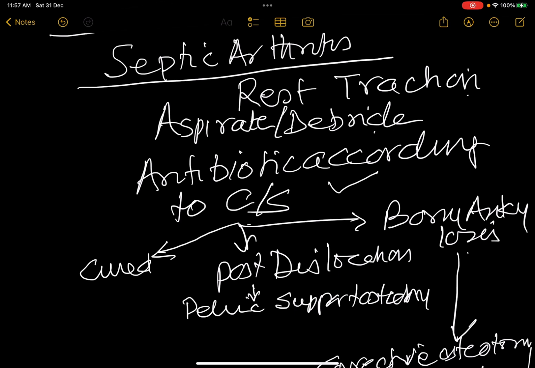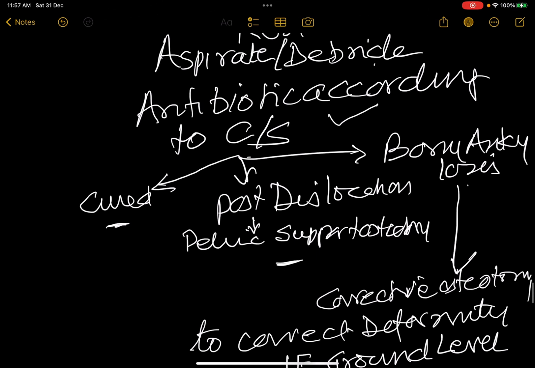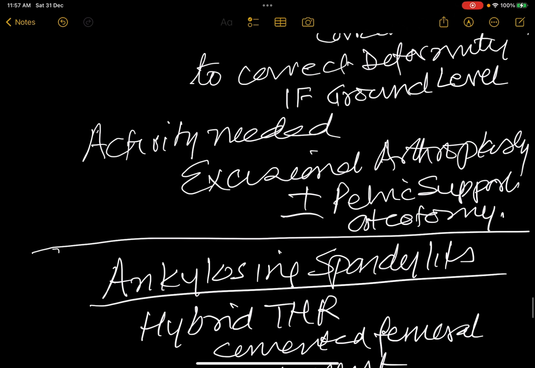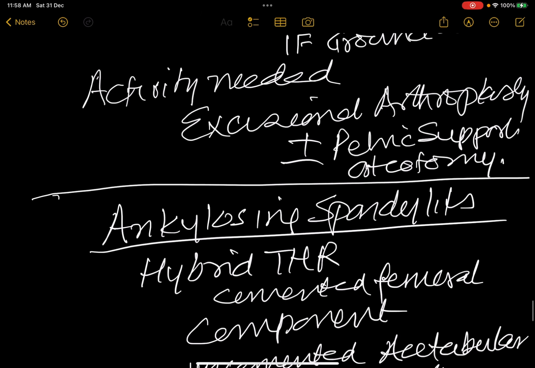There are 3 results. One, the patient gets cured, you do nothing. If it's a posterior dislocation of the hip, you do a pelvic support osteotomy. If it is bony ankylosis in a deformed position, then you do a corrective subtrochanteric osteotomy. If ground level activity is needed, you do an excisional arthroplasty plus or minus pelvic support osteotomy.